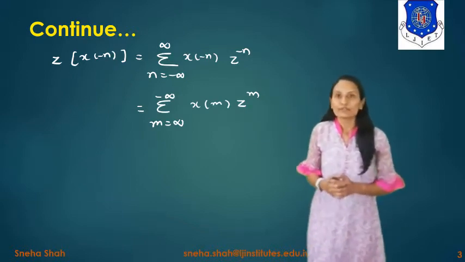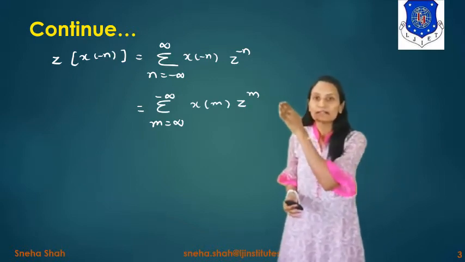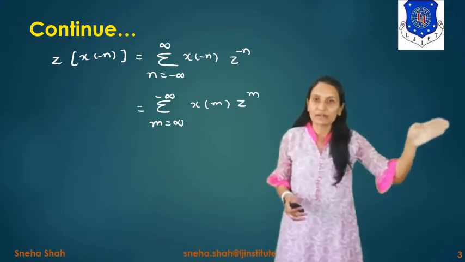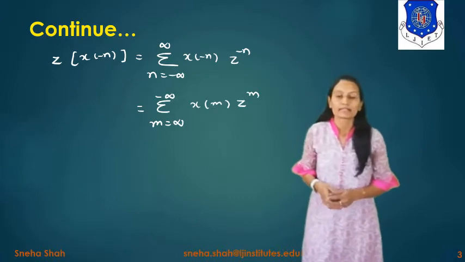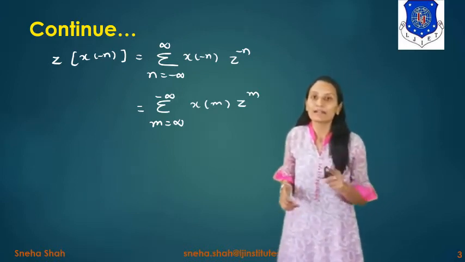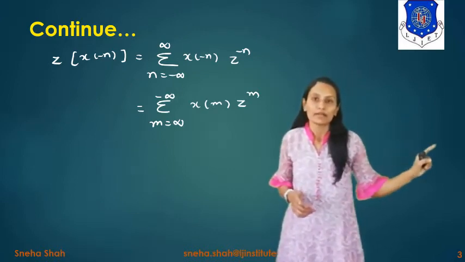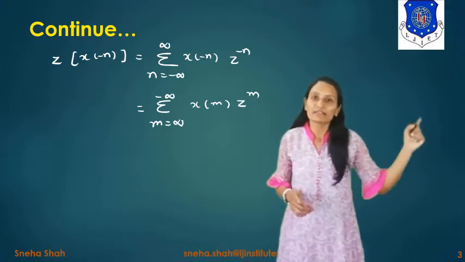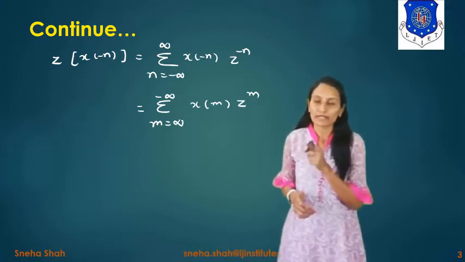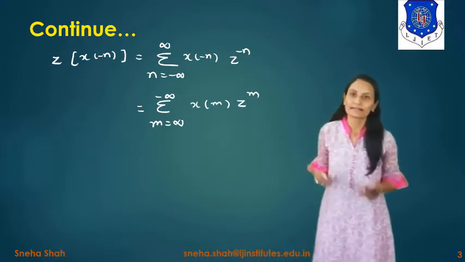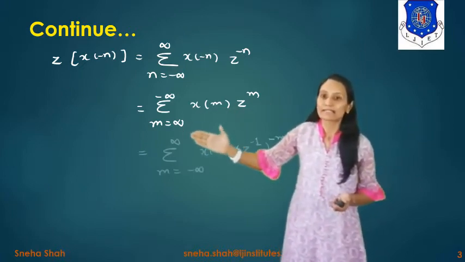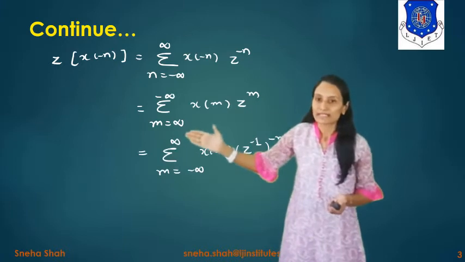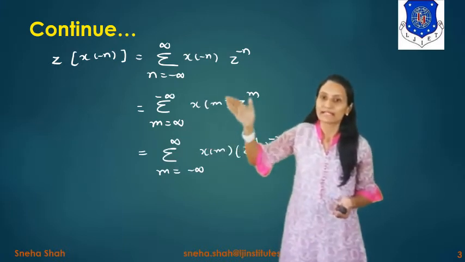Now, as you know, if I take the summation from minus infinity to infinity or infinity to minus infinity, both will be the same. How? Suppose I take the summation of 1 plus 2 plus 3 plus 4, or the summation of 4 plus 3 plus 2 plus 1, both will be the same. In the same way, here we will apply that rule, so the term will be summation m equals minus infinity to infinity x of m z raised to m.